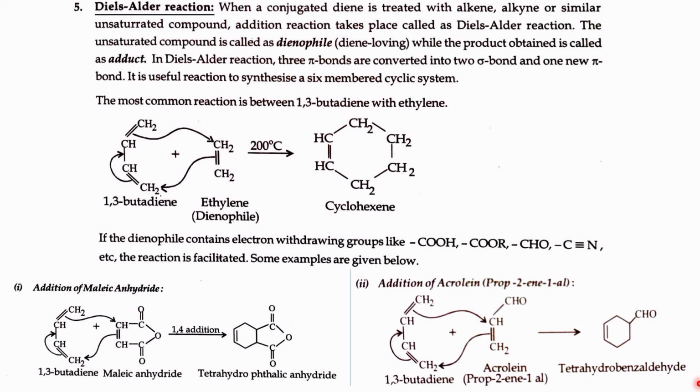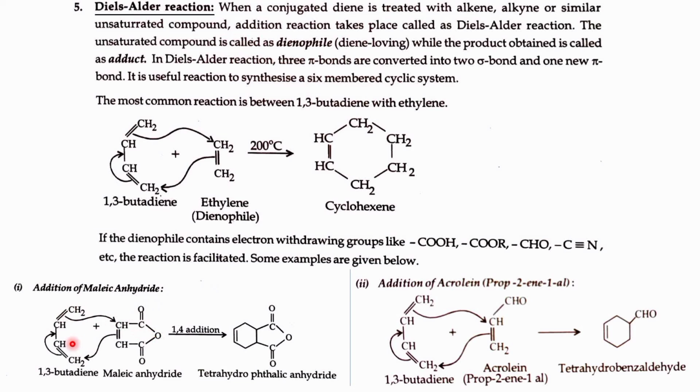Now it is important to note that in the Diels-Alder reaction, the dienophile is the carbon-carbon double bond compound. If this dienophile contains an electron withdrawing group, that is C=O, COOH, COOR, CHO, or any electron withdrawing group, the reaction is facilitated.